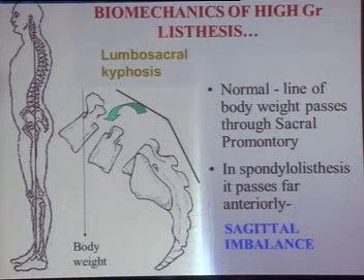When there's a high-grade listhesis of more than grade 3, the center of body weight, the line of body weight, shifts more anteriorly. As a result of this, there's a local lumbosacral kyphosis, and the pelvis tilts backwards to get your weight-bearing line back over the hip and to stabilize your spine.